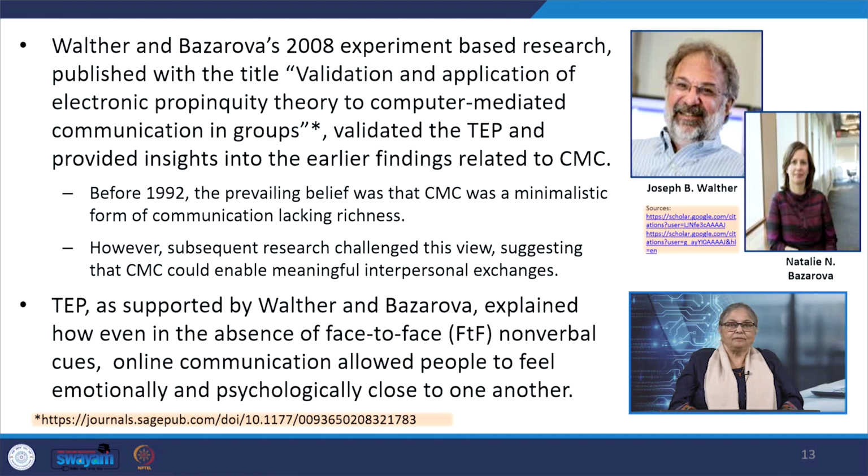TEP, as supported by Walther and Bazarova, explained how, even in the absence of face to face nonverbal cues, online communication allowed people to feel emotionally and psychologically close to one another. The limitations imposed by computer mediated channels actually encouraged users to make better use of the available CMC tools as they were quicker and more handy, so to say.